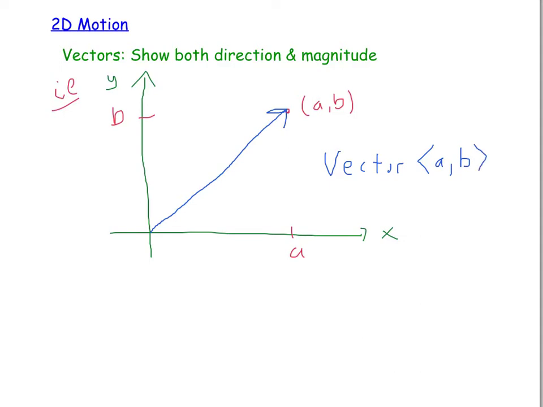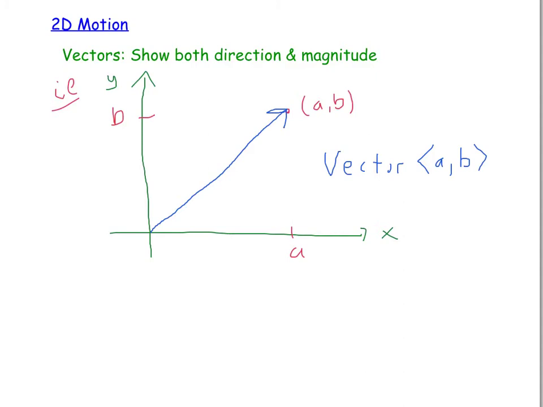Now, you'll notice that when I wrote out the vector ⟨a, b⟩, I didn't use the same soft parentheses that we use to express the point (a, b) in the xy plane. Instead, I used a bracket that had a sharp edge to it. And so, to express any vector in calculus, and in particular here the vector ⟨a, b⟩, we'll use a sharp bracket to denote that that is indeed a vector.